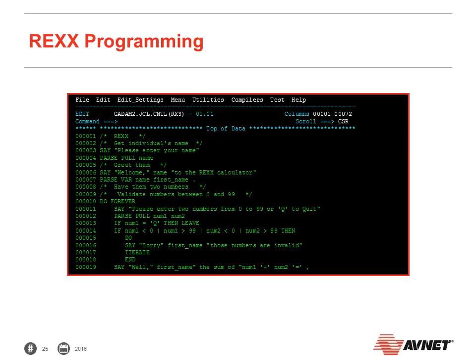REXX programming is a language that is often used in the mainframe environment because it's an easy language to learn, but it's also one that lends itself well to batch processing and to working with systems automation, to be able to write quick routines and perform interactive functions that can write applications using ISPF, can interact with databases, it can interact with our transaction processing system, and in fact runs on a variety of different platforms.